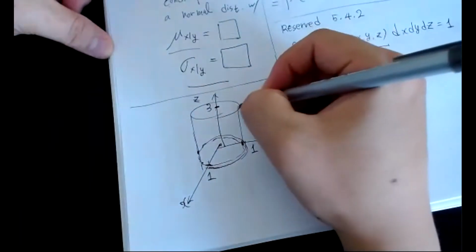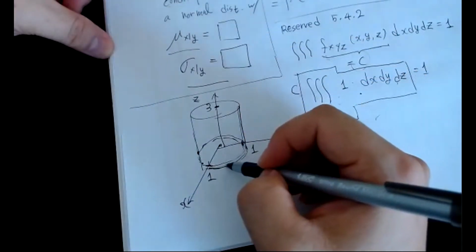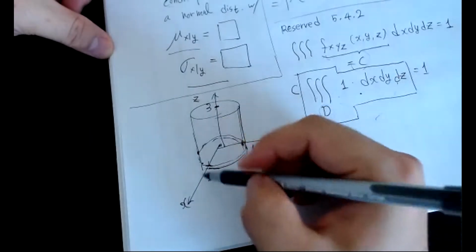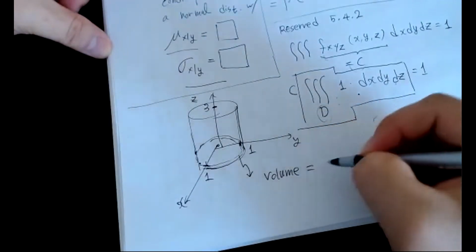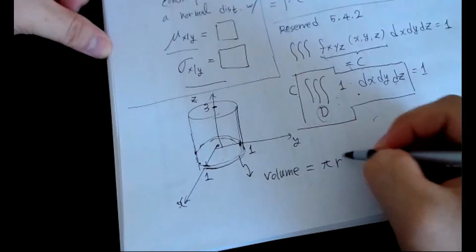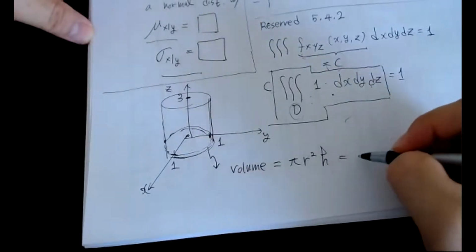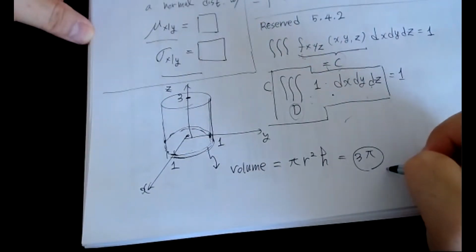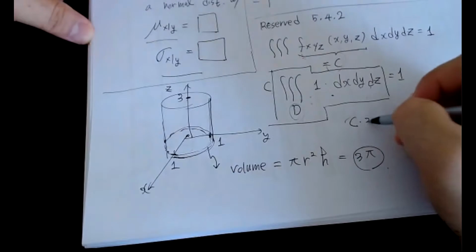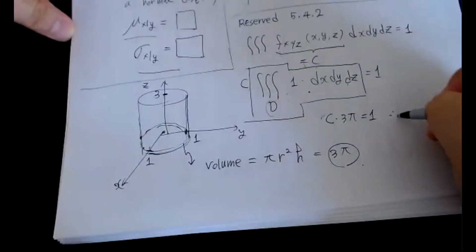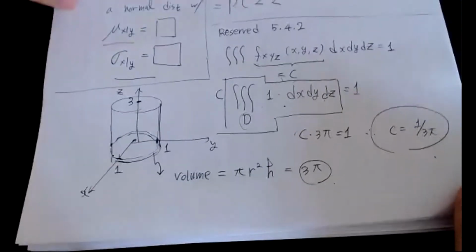We know the volume of the cylinder is pi r squared, the area of the bottom, times the height, so pi r squared h. R is 1, h is 3, so we get 3 pi. So C times 3 pi is equal to 1, so C is equal to 1 over 3 pi. So we figured out C.